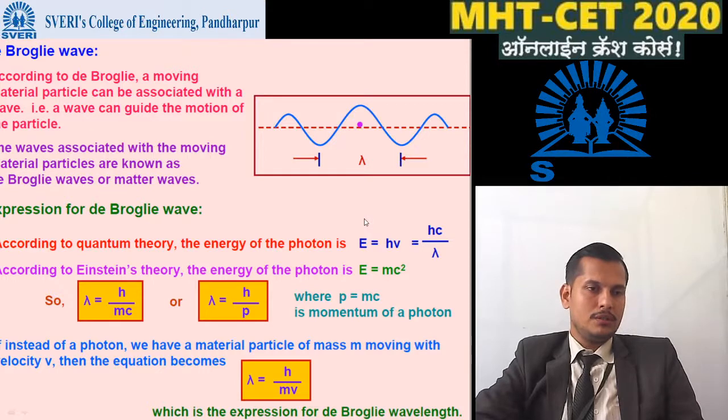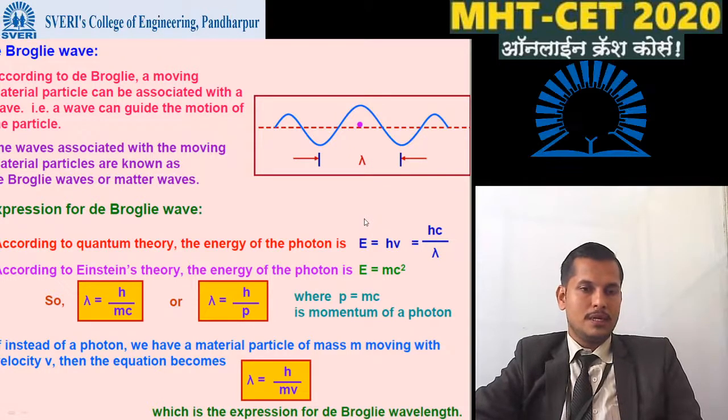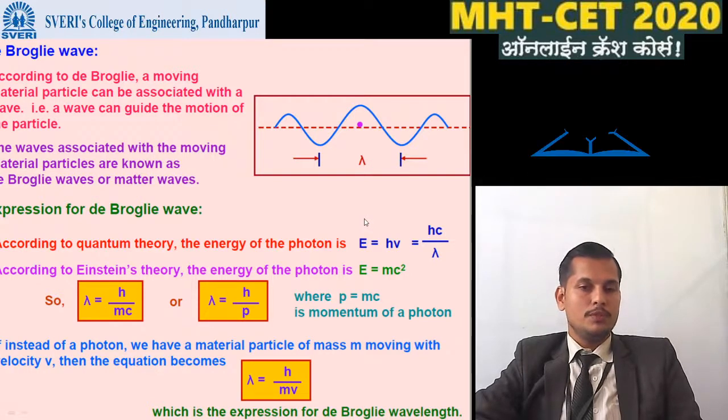So its expression, according to quantum theory, the energy of a photon, we know that E is equal to h nu or hc by lambda. And according to Einstein's relativity mass-energy equivalence equation, we can write the energy of a photon as mc square.